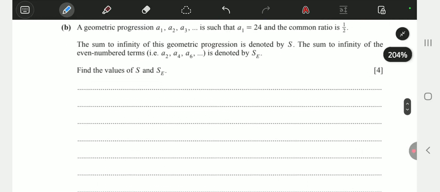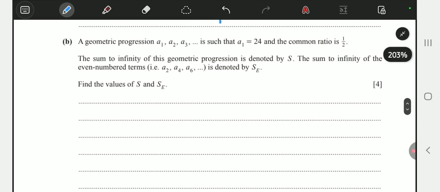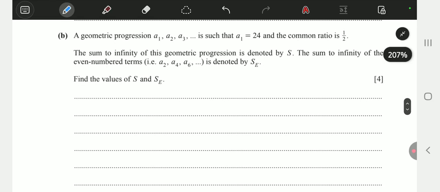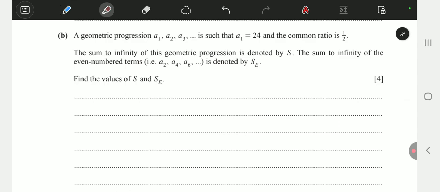Now let's move on to part B. Now comes the tricky part. Normally we have very simple questions for this arithmetic and geometric progression, but here is a special case where they are giving you a little variation in these type of questions. So let's read this out. A geometric progression.